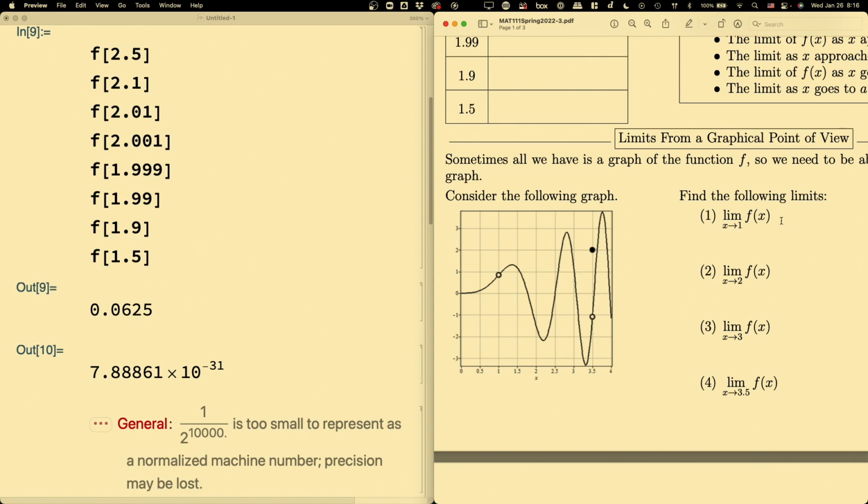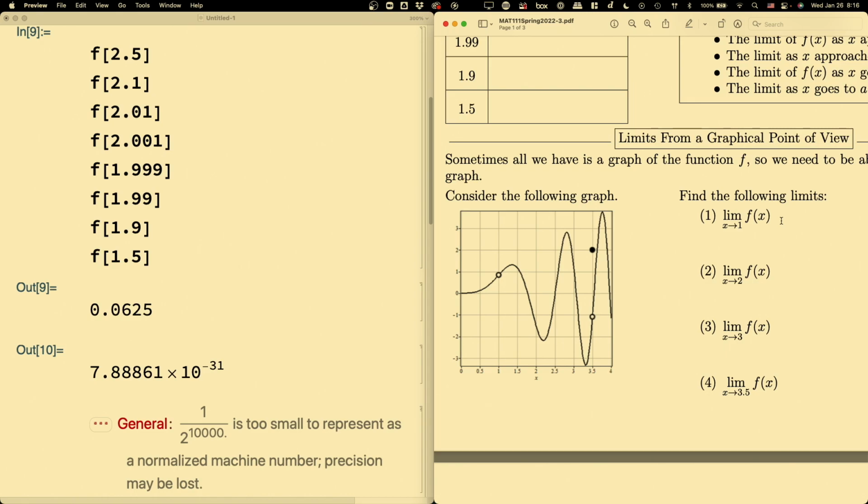What it's asking is, as x approaches 1, from really both sides, what are the y values approaching, if anything? If the y values seem like they're approaching a specific number, then we say that the limit is that number. If they don't, then we say that the limit doesn't exist.